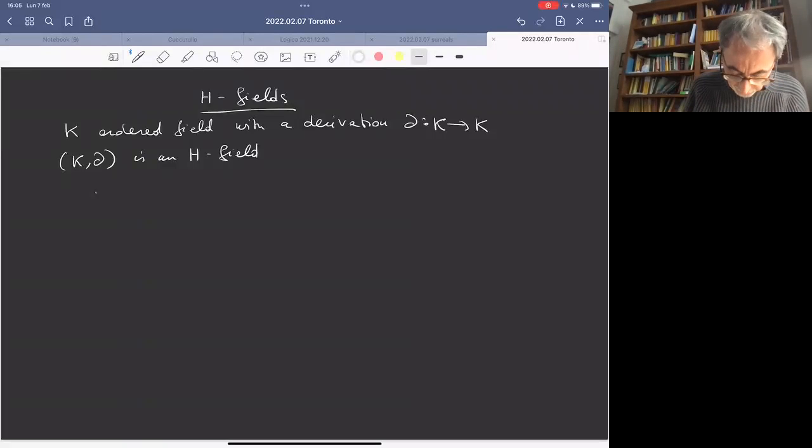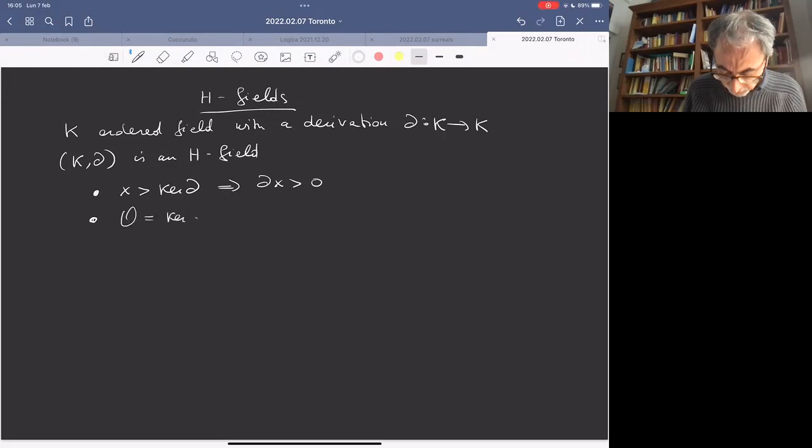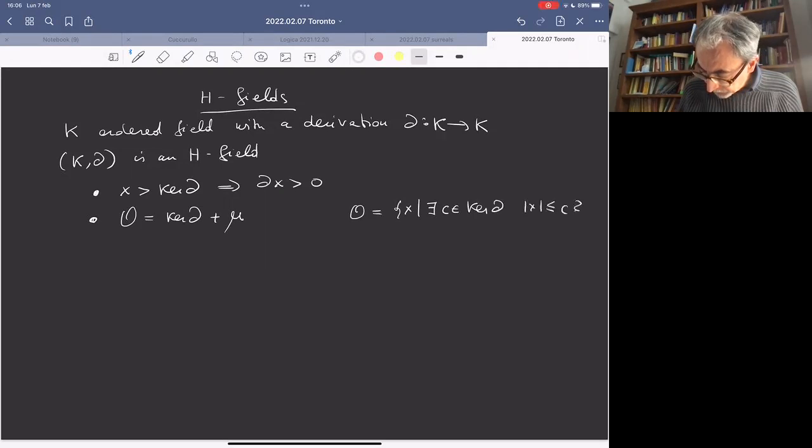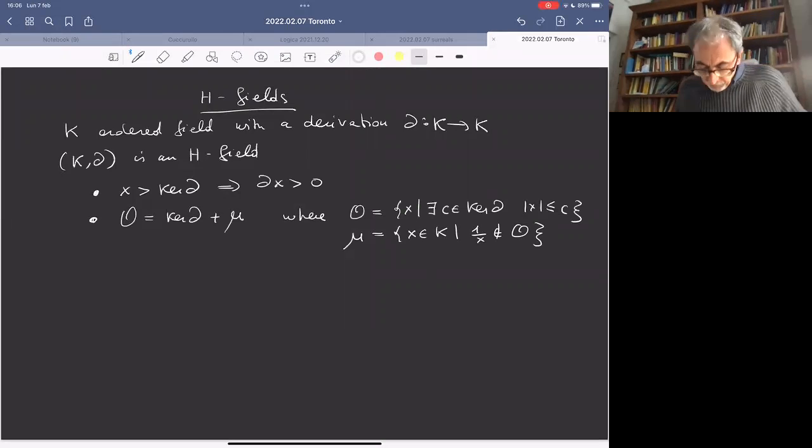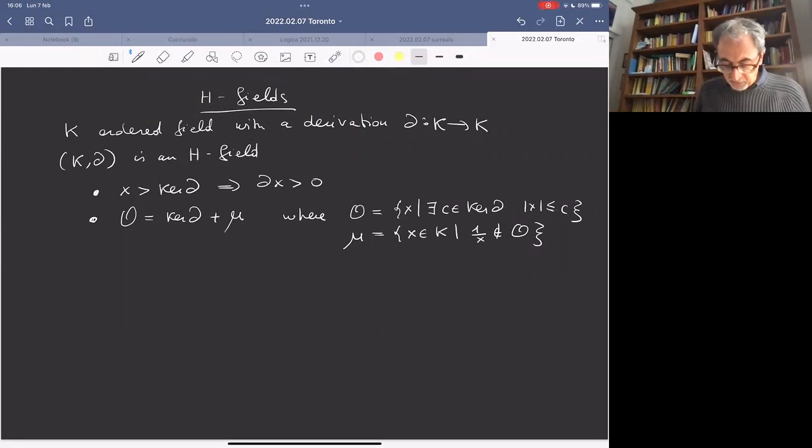Okay, it's an H field if two properties hold: x bigger than every constant implies the derivative of x bigger than 0, and big O is the kernel of delta plus the infinitesimals, where big O is the ring of elements bounded by a constant in absolute value, and mu is the unique maximal ideal, the set of elements whose inverse is not in big O. These two properties, which I already commented on, are true in every Hardy field, and they form the axiomatization of H fields.